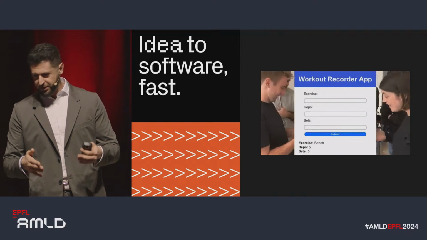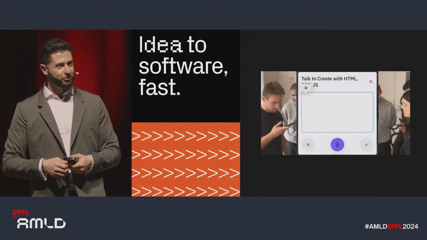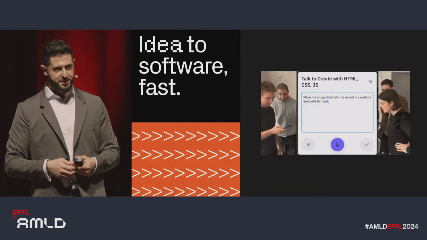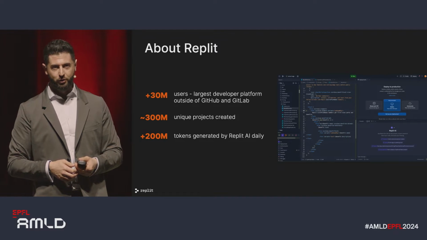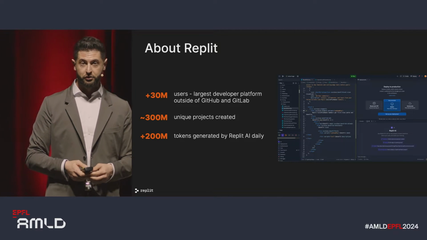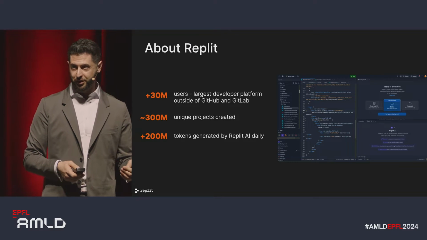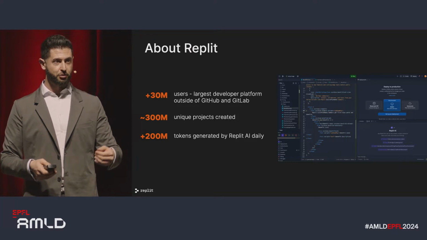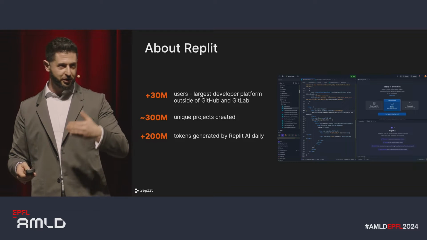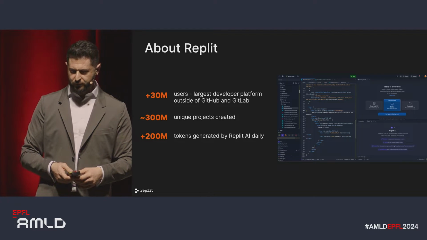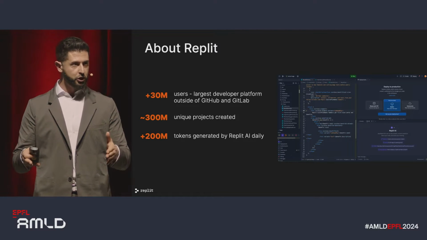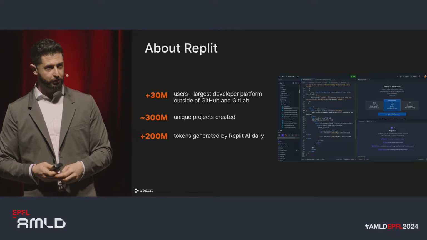So this is the reason why we embarked on this journey. And it has been very exciting to the extent that we reached a place where we have more than 30 million users today. So a lot of people have learned how to write code on Replit, but today they're building companies on Replit. Today they are creating professional software there. And more than 300 million projects have been created to date.